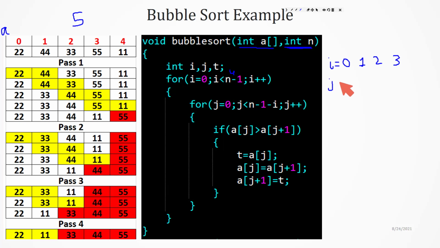Then when i equal to 0, what are the possible values of j? Tanush, can you hear me? Varada, when i equal to 0, what are the possible values of j?